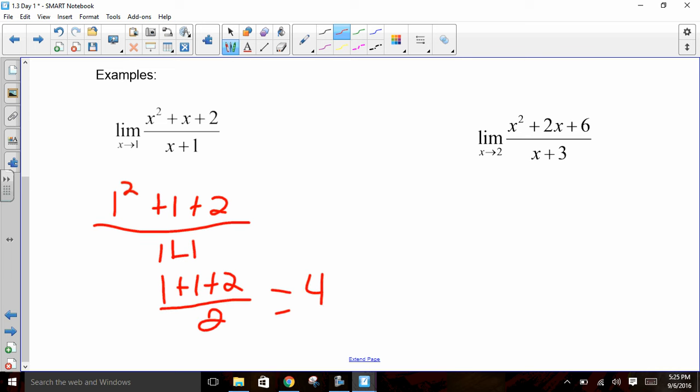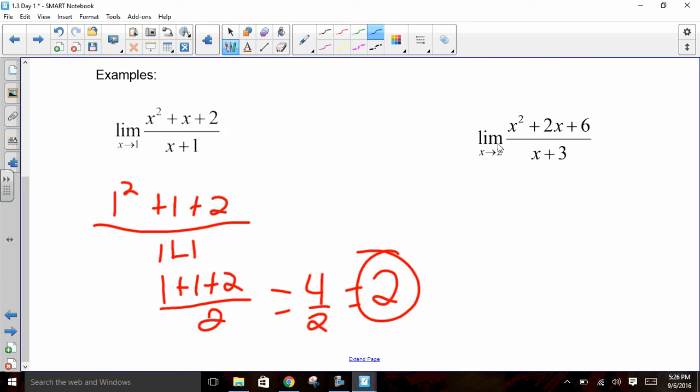Which eventually gives me 4 on top over 2. 4 divided by 2 is 2. So the limit as x approaches 1 of x squared plus x plus 2 divided by x plus 1 is 2. It did not have a denominator that would get to 0 if I plugged in 1, so therefore I can plug it in.